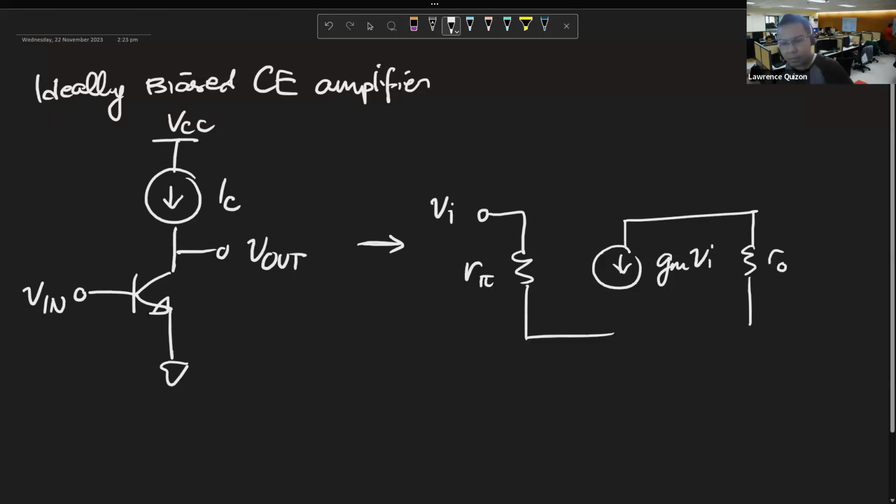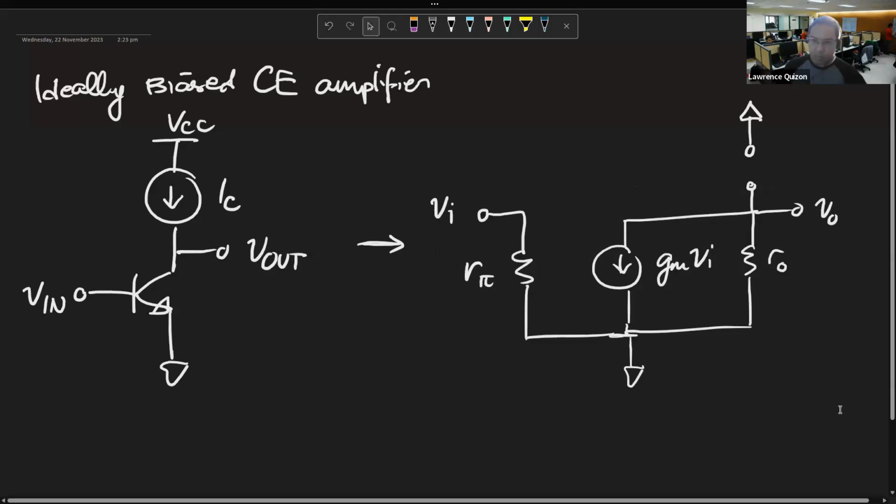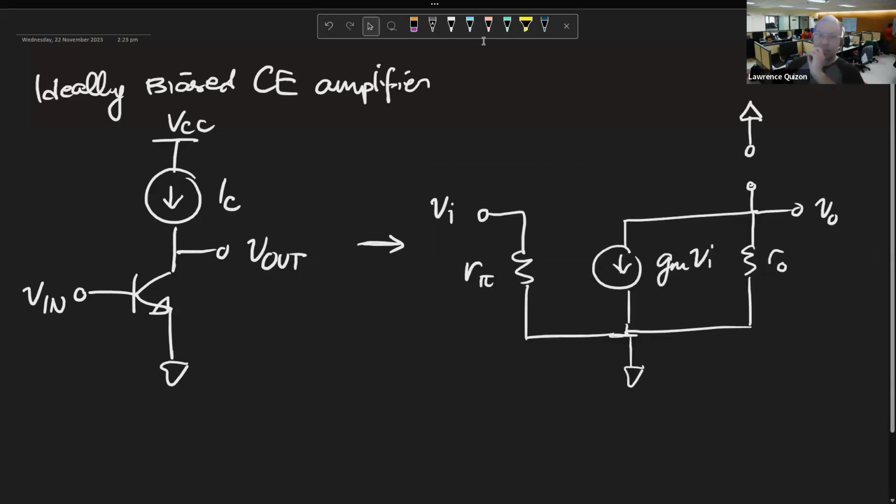This is r_out. This is v_out. Tapos, yung current source turns into an open circuit and then ground, no? But we don't really have to draw ground anymore, right? It's an open circuit. So it's not actually connected to the circuit. So we get this small signal equivalent, no?